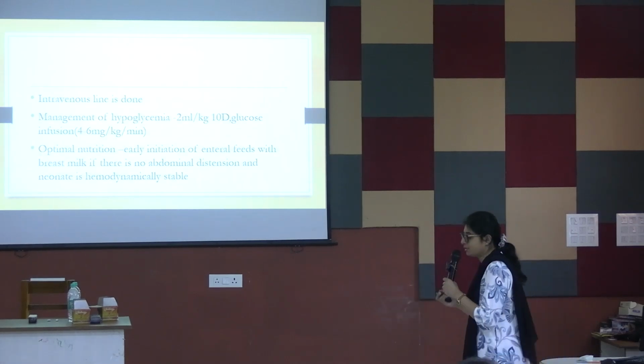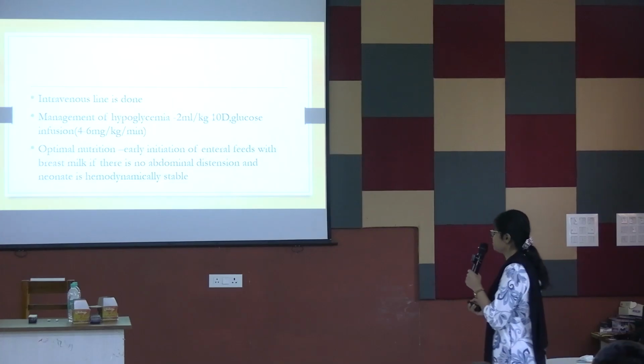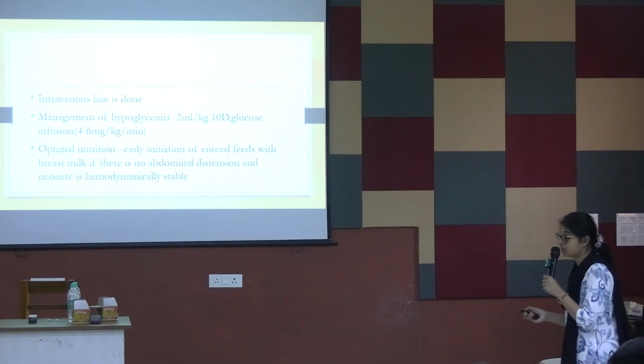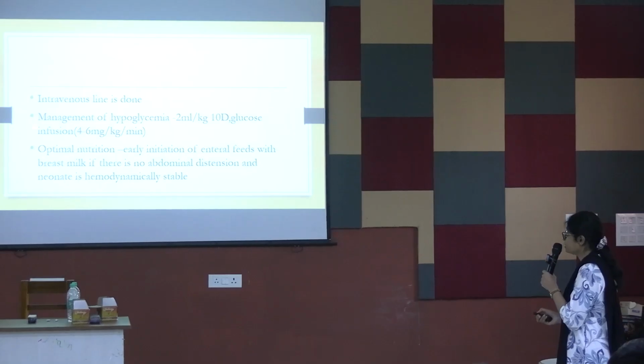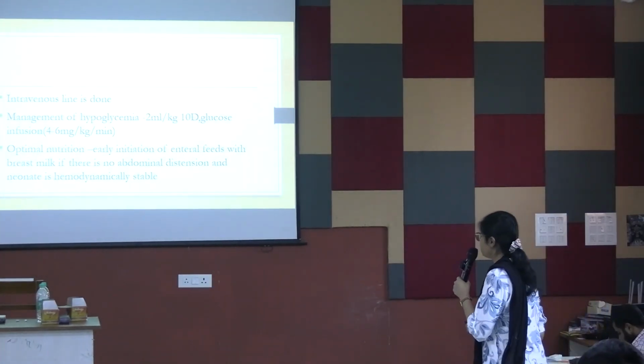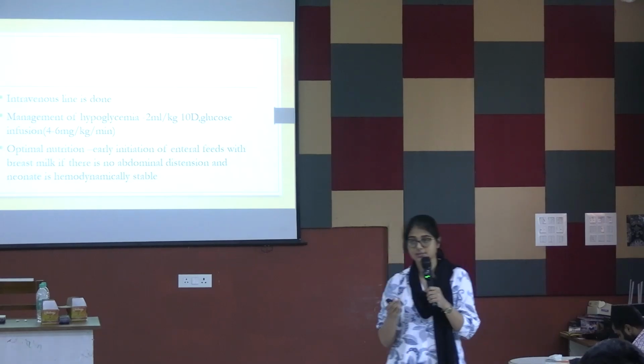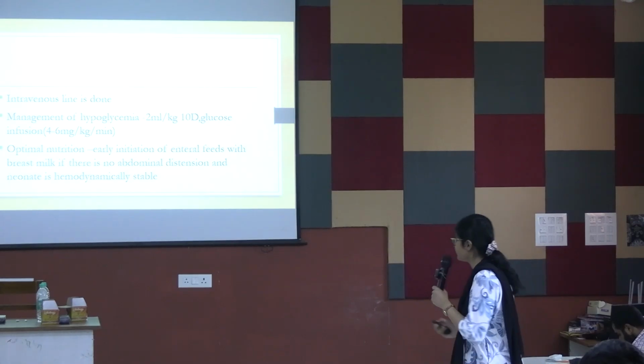Of course, before that, you will have to put in an intravenous line and manage the hypoglycemia with 10% dextrose, 2 ml per kg. A glucose infusion can be started if the glucose remains low. The dose is 4 to 6 milligram per kg per minute. You may not remember the doses, but just remember what is to be done.